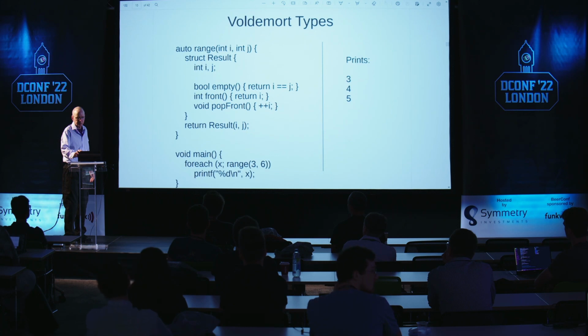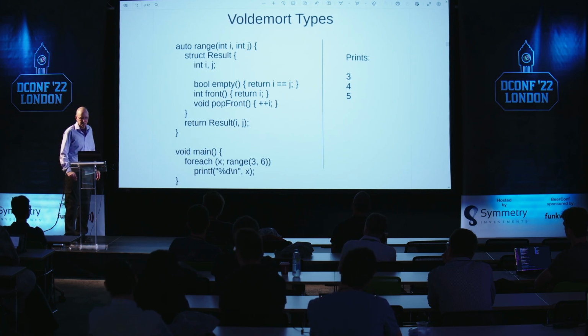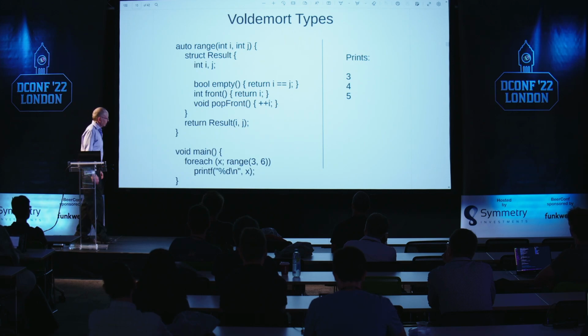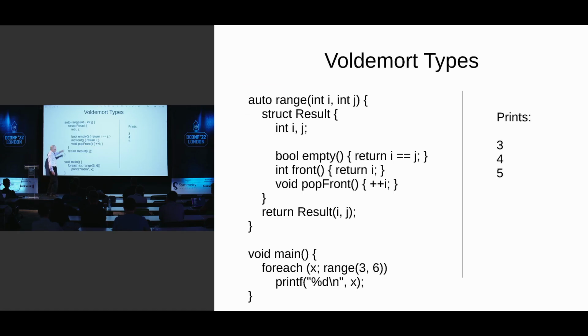Okay, Voldemort types. I was looking at, well, we decided to add the auto return type to functions, so you didn't really have to specify what the return type of a function was, which turns out to have some very interesting consequences.